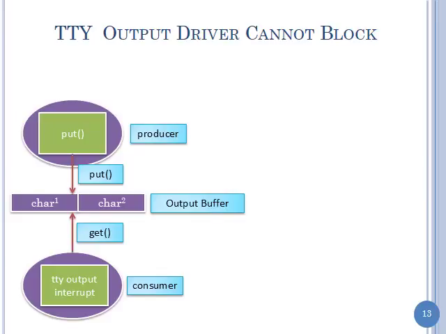And now it posts an interrupt and says, I'm ready for another character. And there is no other character. So it returns. Now another user puts a character into the buffer. How do we trigger an output interrupt to consume this new character?